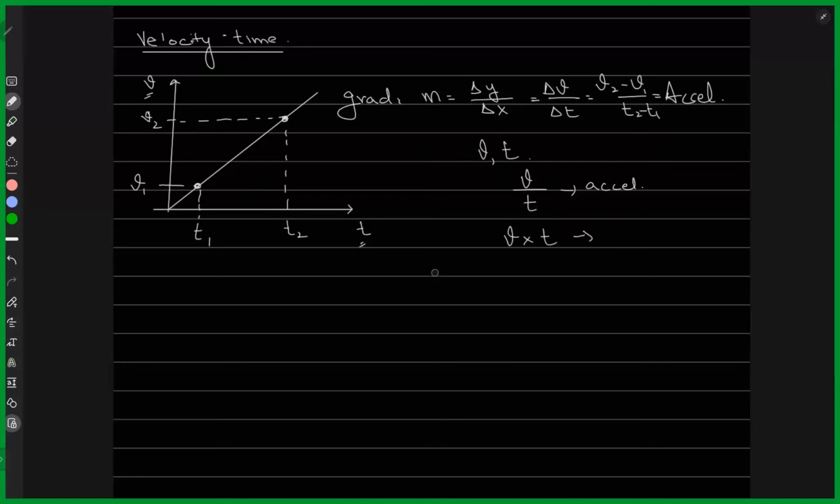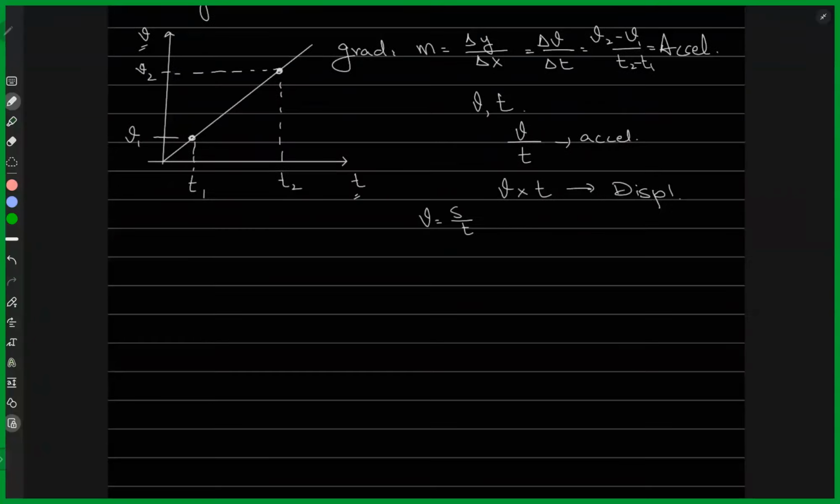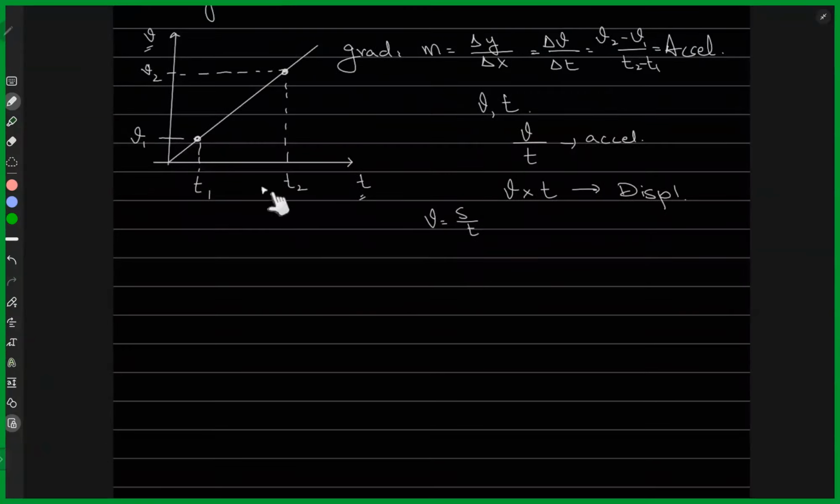Remember, velocity is displacement per unit time. Exactly, right? So this would be a displacement. So that immediately tells you how you can get v times t, by finding the area under this curve or graph or line in this case, right?